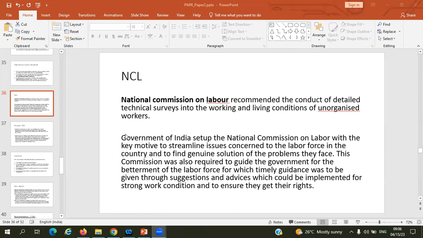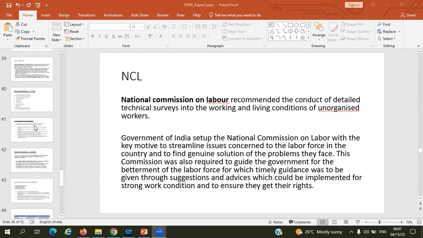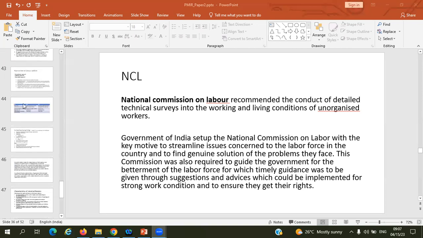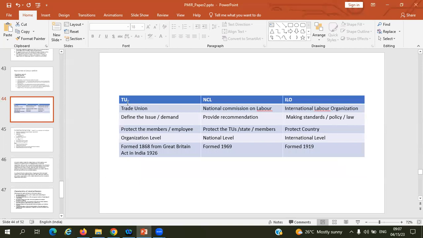So we have designed the class like this today. So let's see the slide. This one, if you see on the screen: trade union, NCL, ILO. The full form is trade union, National Commission of Labor, International Labor Organization, ILO. These three things we discussed in different classes.